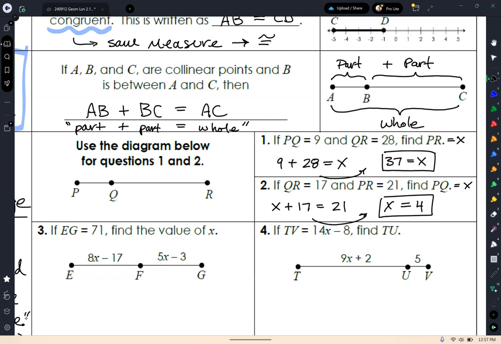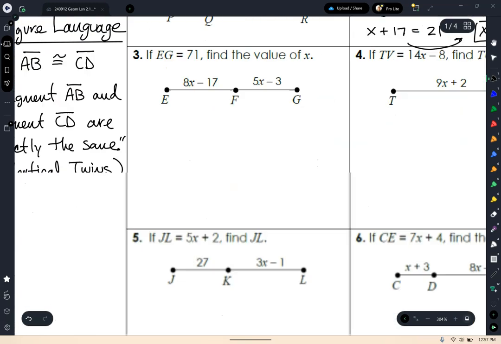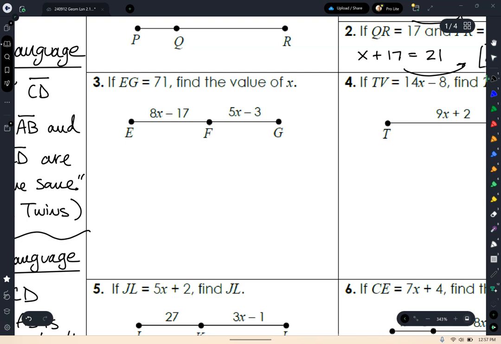Did that make sense? Do you see why it's not written as a subtraction problem? Okay, because this is the segment addition postulate. Questions? Let's take it up then. All right, here's what we're going to do, okay? We'll do number 3 here.